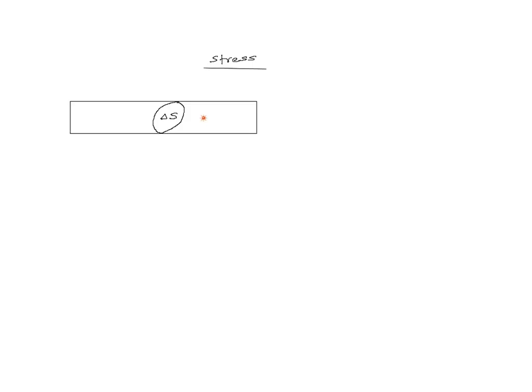Suppose this force is on one part, then that force would be on the other part.